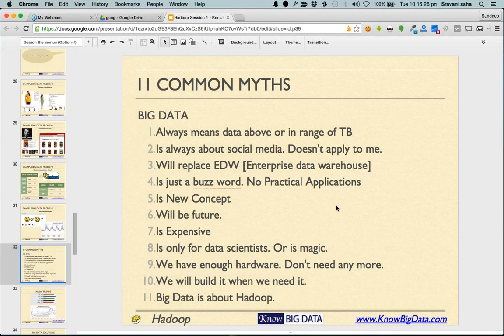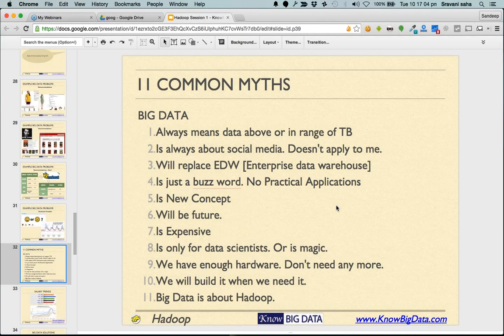Second is that it's always about social media and doesn't apply to me. No, it's not about social media. It just so happens that social media's data is easily available to everybody, and therefore it becomes a good recipe to quickly gather insights into the behavior of people. But almost everywhere where data is expanding, where data cannot be handled by relational databases or file systems, it would apply to you.